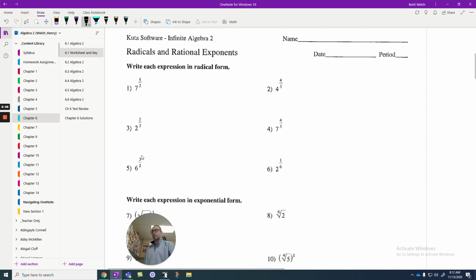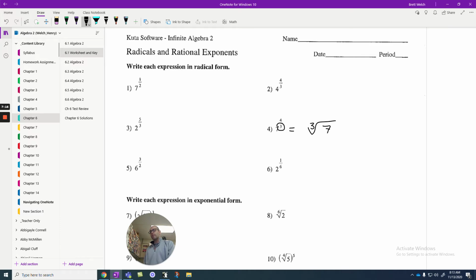So let's just look at a couple problems from the worksheet. It says write each expression in radical form. So for instance, let's take this number 7 here. I'm going to put it in a root. I'm going to put the 7 there. The denominator is always the piece that comes out here in the root.